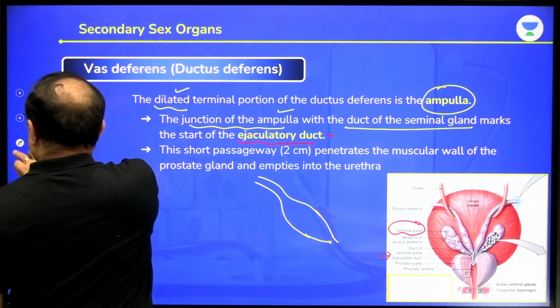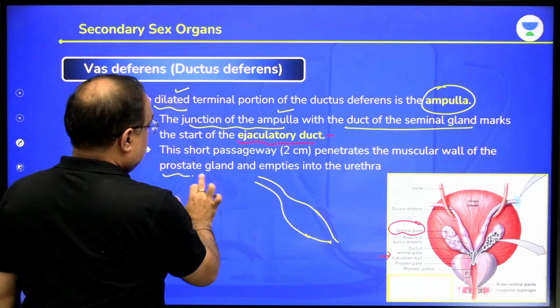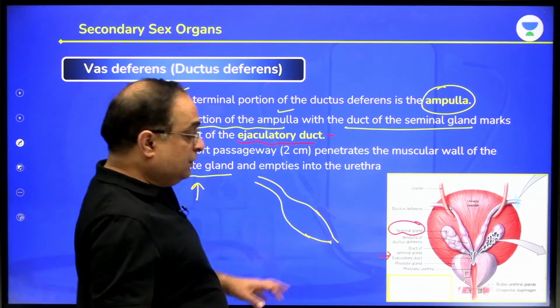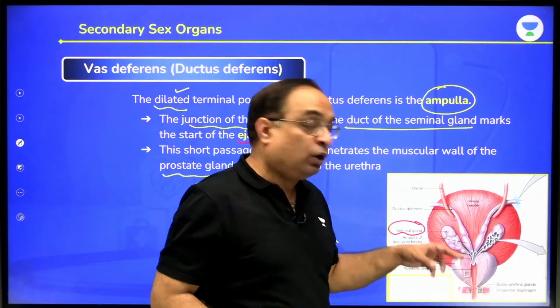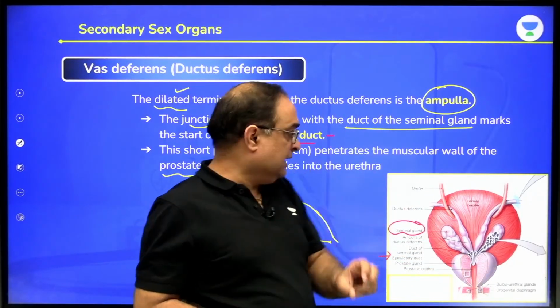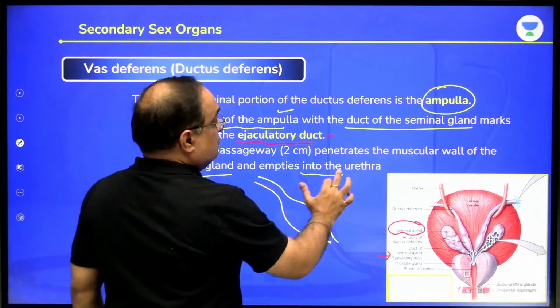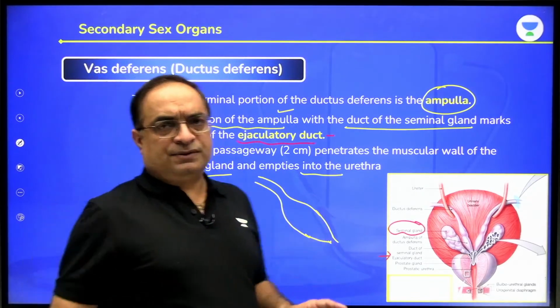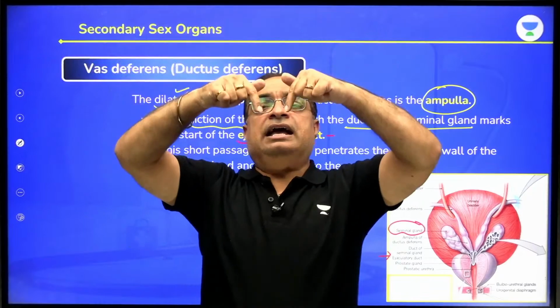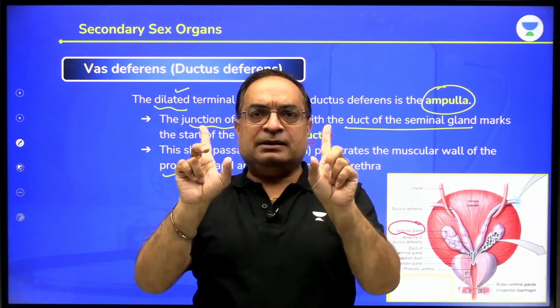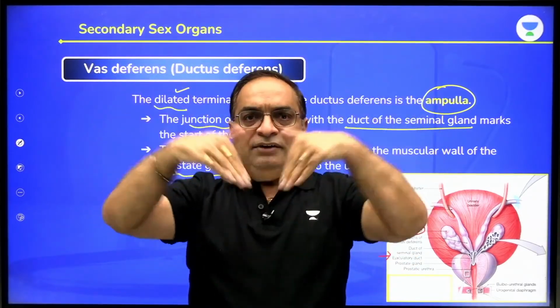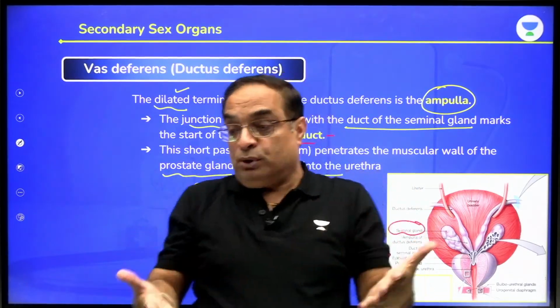So prostate is another important gland. See, it's written here, prostate gland. Can you see the prostate gland here? It is the size of a walnut, and it empties into the urethra. So in simple terms, vas deferens and the duct from seminal vesicle together form the ejaculatory duct. Ejaculatory duct enters into the prostate gland.